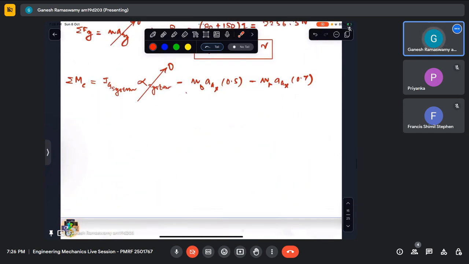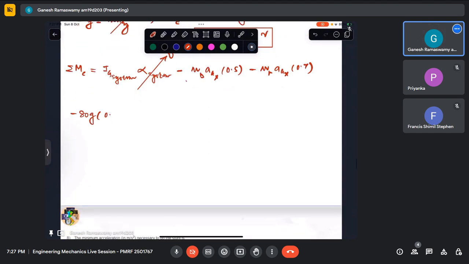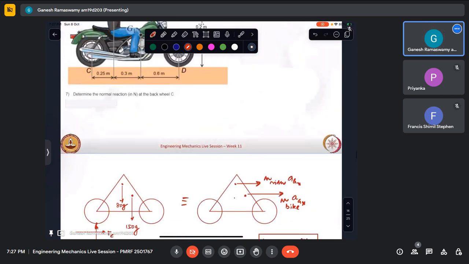So this is also in the clockwise direction, so I'll take that to be a negative contribution. So this is minus 80G into 0.25, minus 150G into 0.25 plus 0.3.